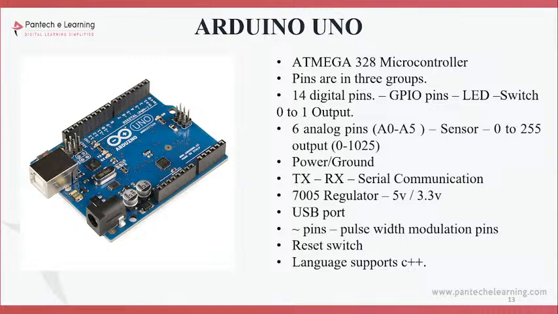Similarly, if I want to get digital values like binary values, zeros and ones, those types of values are also read by the sensor. The sensors read the values from the environment and transfer them to the microcontroller.